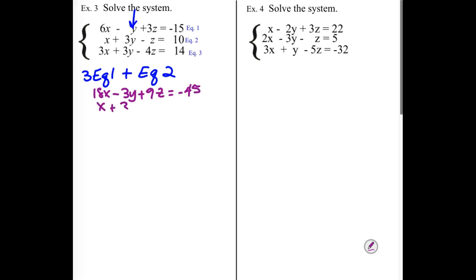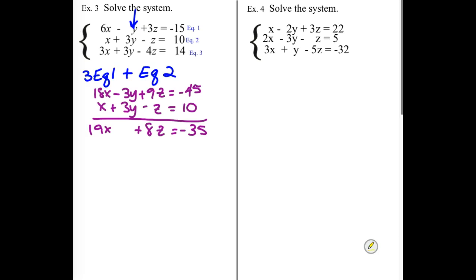Pairing it with equation 2, what do we get when we add those two together? 19x plus 8z equals negative 35. Did we eliminate y? Okay. I'm going to circle this because, again, I'm going to need it in a few minutes.